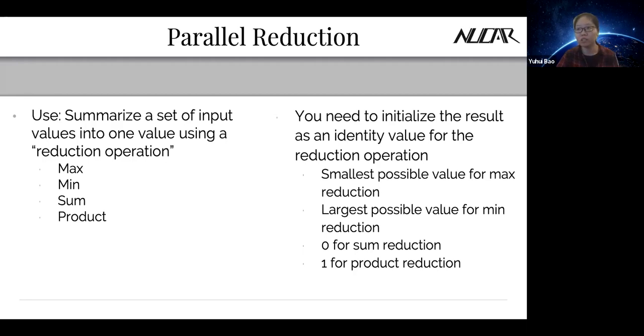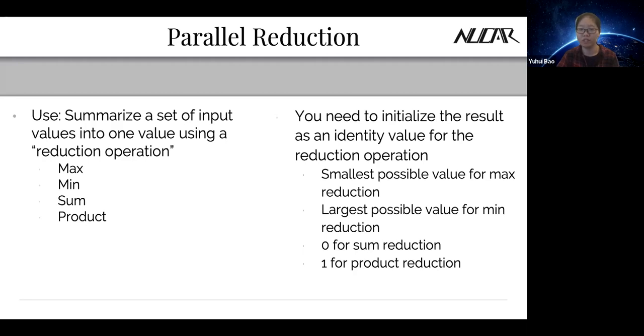Before you start doing the operation, you need to initialize the result as the identity value. For example, if we try to find the max number, what will be the identity value? The identity value will be the smallest possible value.